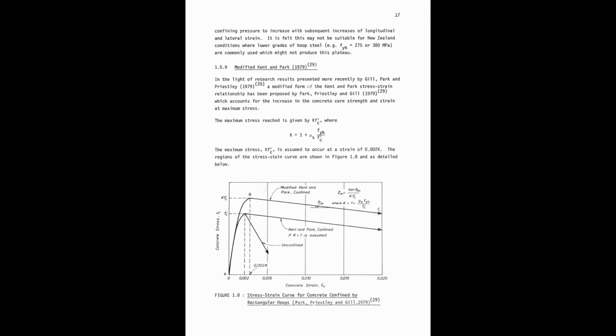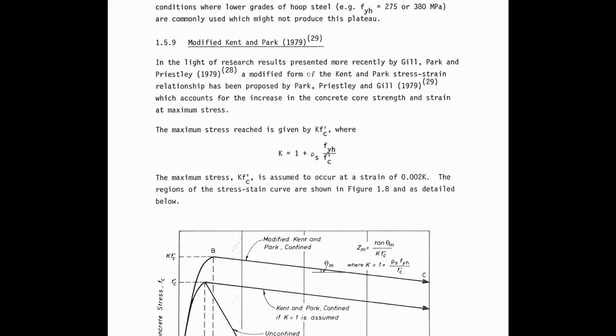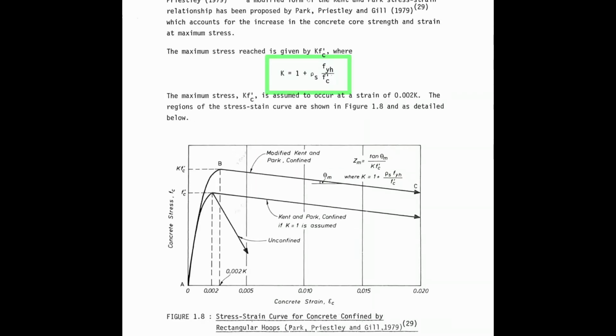Okay, modified Kent and Park. Now the maximum stress has increased from this point here for Kent and Park, where K is equal to 1. So you get the increase coming from the K value.